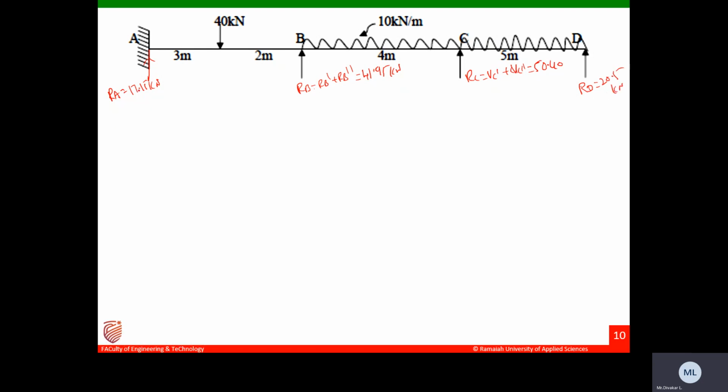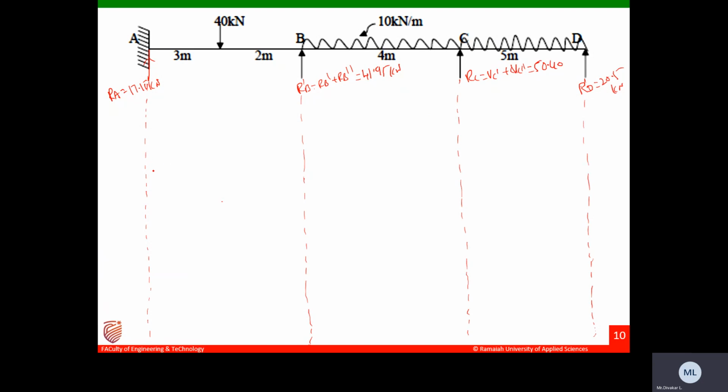Okay. Now let us show SFD and BMD for the given problem.